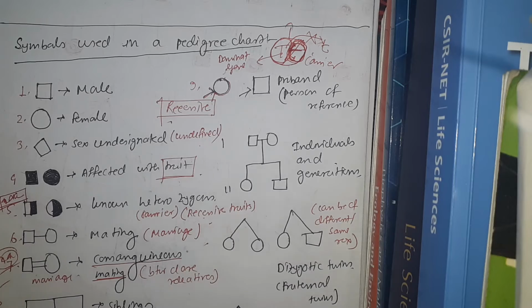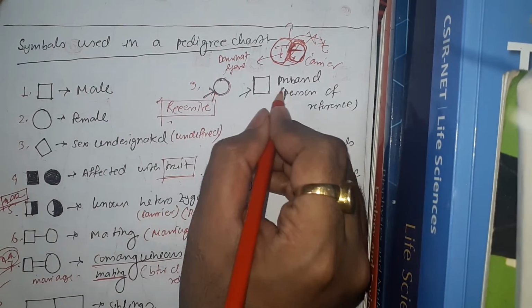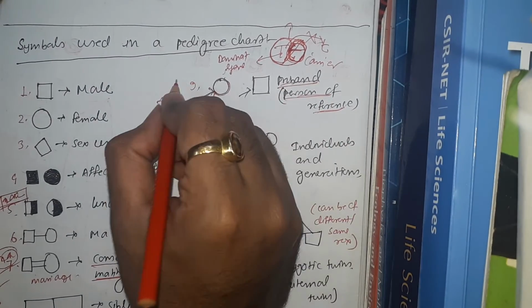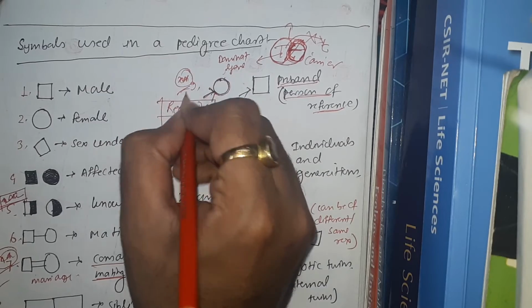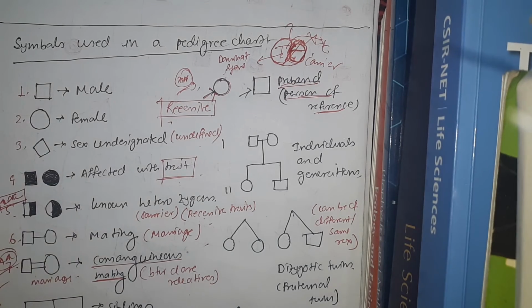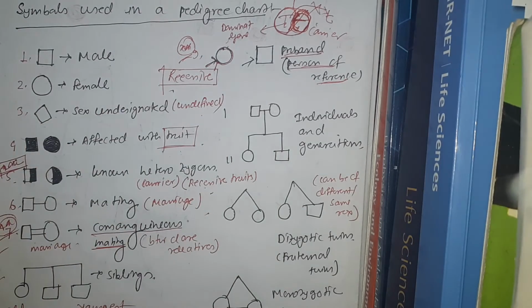We can say that the overall pedigree is based on that individual, and we can call them the proband or person of reference. This is also important for MCQs or vivas, as they can ask you the symbol of the proband or person of reference in a particular pedigree. So you need to know about this.